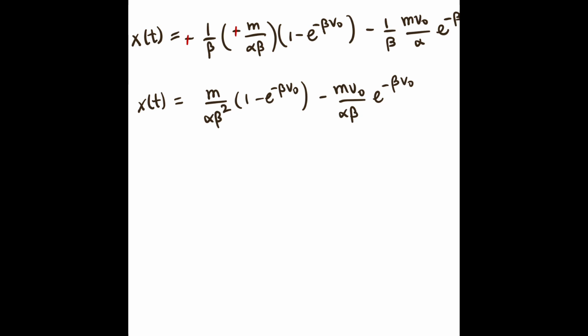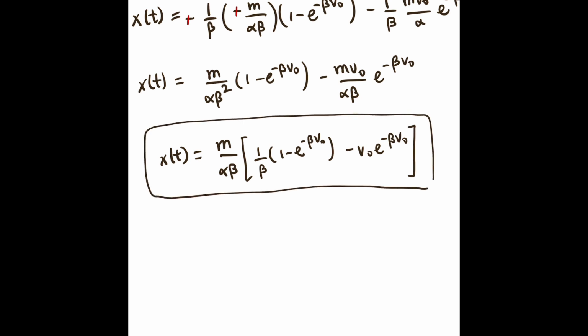And so if we wanted to, we could factor out an m over alpha beta. This is our final answer. That's it.